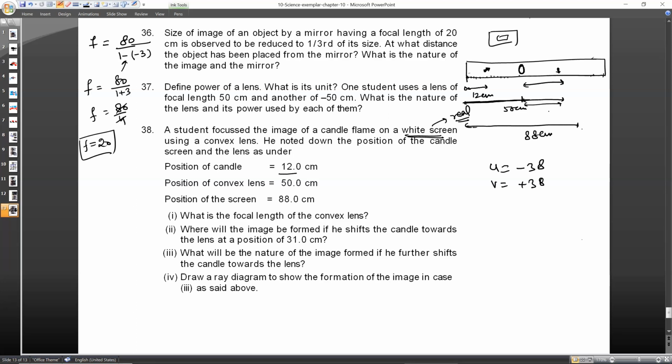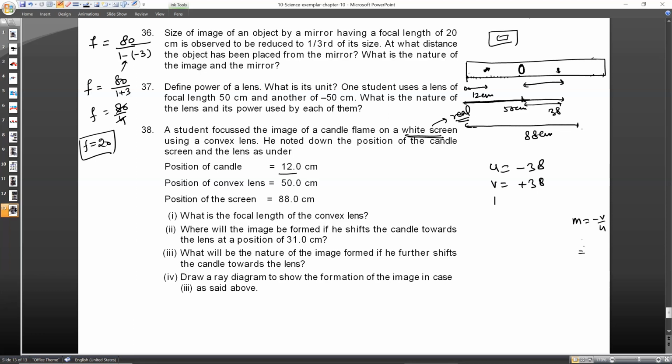So this will be 38. So U is 38, V is 38. What does it mean? The object is placed at R1 and the image is formed at R2. Yes, because when the object distance and image distance are the same, it means the object is placed at the radius of curvature, because here we will get M equals minus V by U.